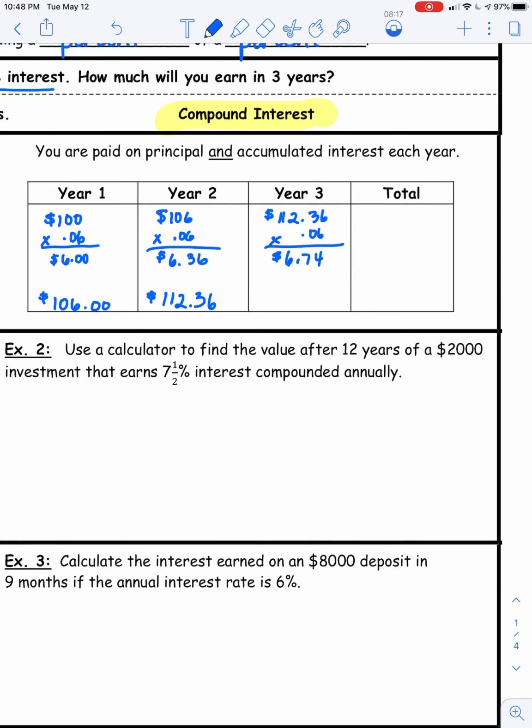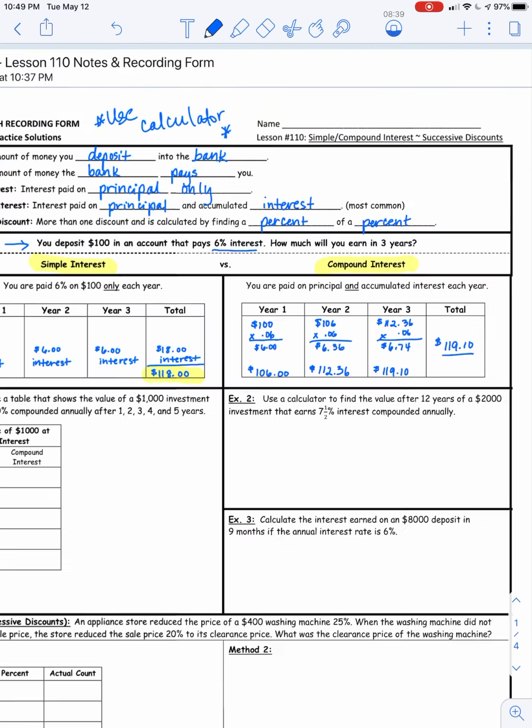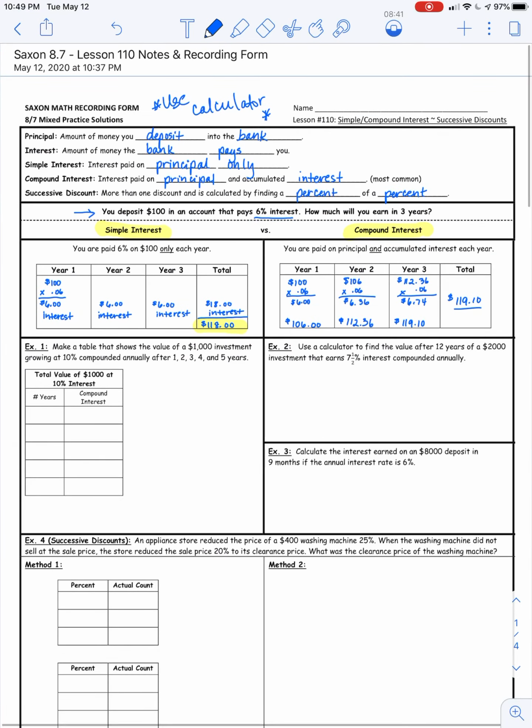So your amount of interest paid at the end of year 3 is $6.74. If I add that to the balance that was there at the end of year 2, now your new balance is $119.10. So your total at the end of 3 years being paid 6% compound interest is $119.10.